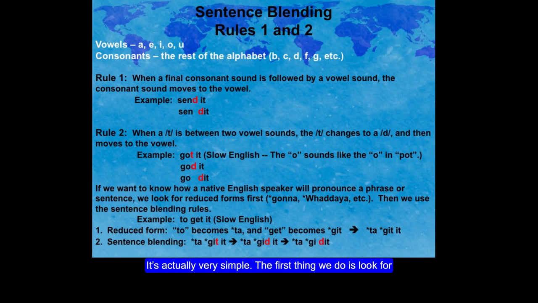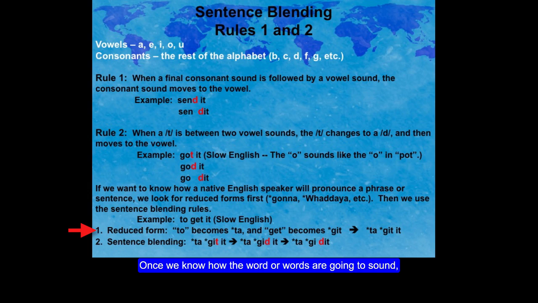It's actually very simple. The first thing we do is look for the reduced forms that we've learned here. So reduced forms, as we mentioned, are gonna, what'ya, wanna, and so on. These reduced forms tell us how a word or words that are next to each other will really sound when a native speaker says them at a natural speed.